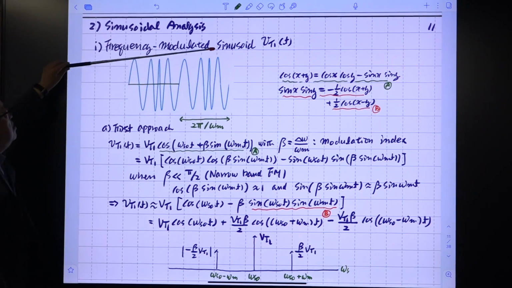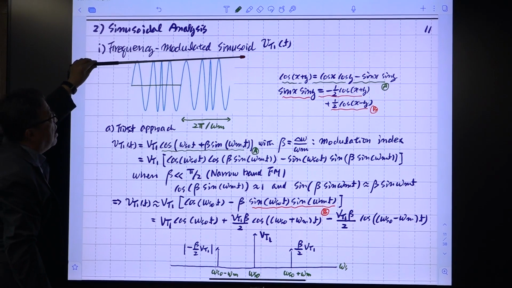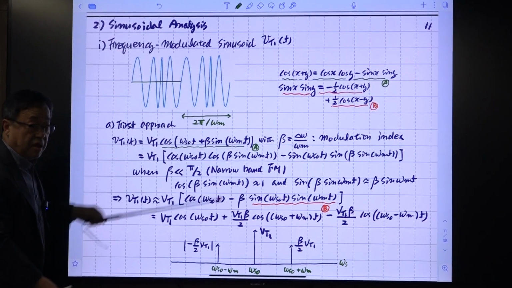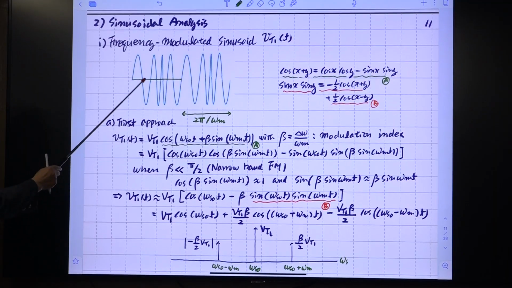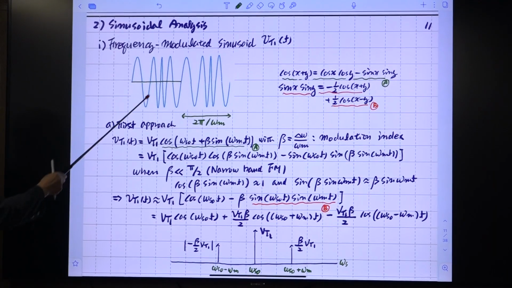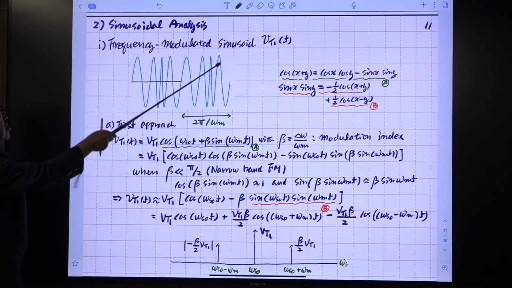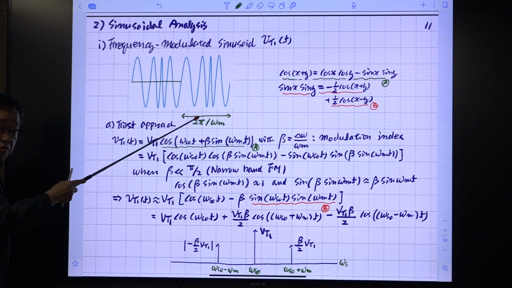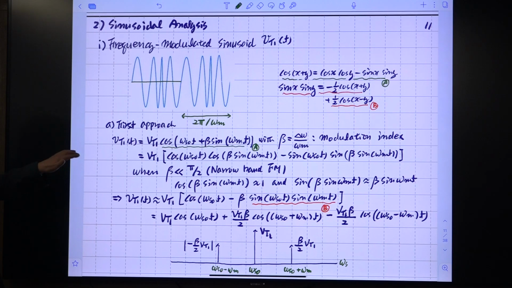This one is the frequency modulated sinusoid VT1. This is the tank voltage. I sketch the tank voltage in this manner because the average value of this is the unmodulated switching frequency, and this one is the modulated switching frequency. The degree of modulation was maximum, minimum, and so on. This is a graphical representation.